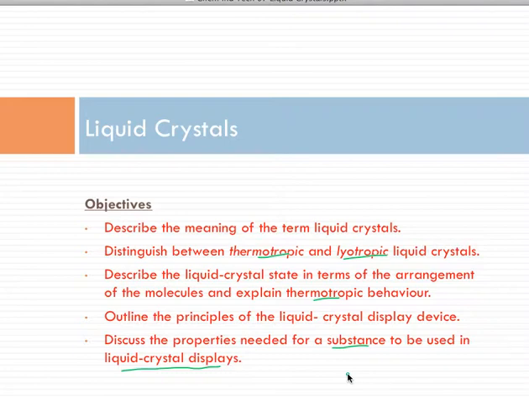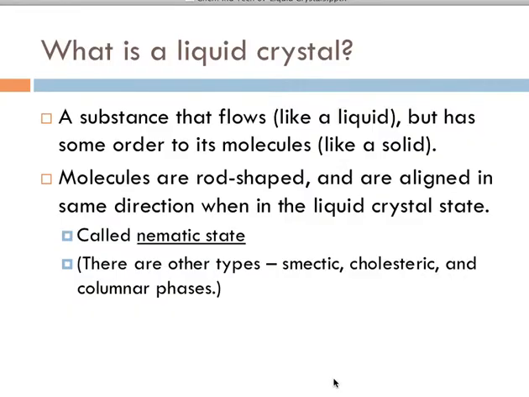So these are the things that you should be looking to understand as we move through this screencast. Okay, so what is a liquid crystal? It is a substance that flows like a liquid, but it has some order to its molecules. So it can be viewed as being somewhere between a liquid and a solid.